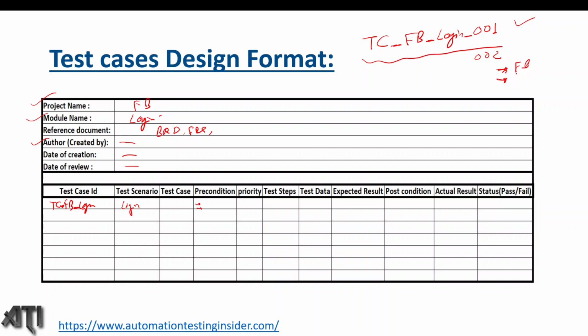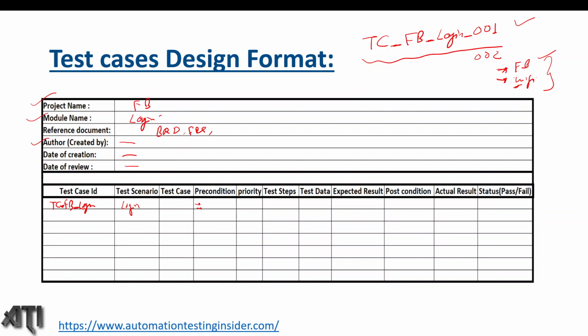Or we can say it is connected to Wi-Fi. For different applications we have different Wi-Fi connectivity as well. So these are the preconditions: the application should be connected, and we have proper Wi-Fi connectivity.